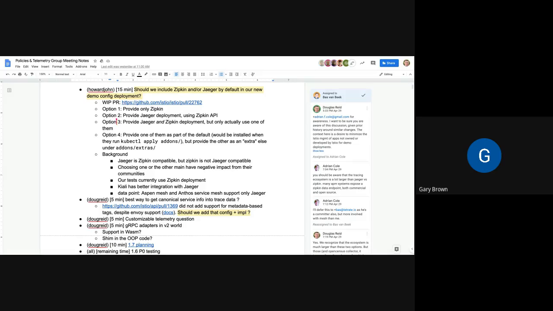Neeraj or anyone else, are there any other things we should consider? Looks like, Neeraj, Aspen Mesh only supports Jaeger, right?